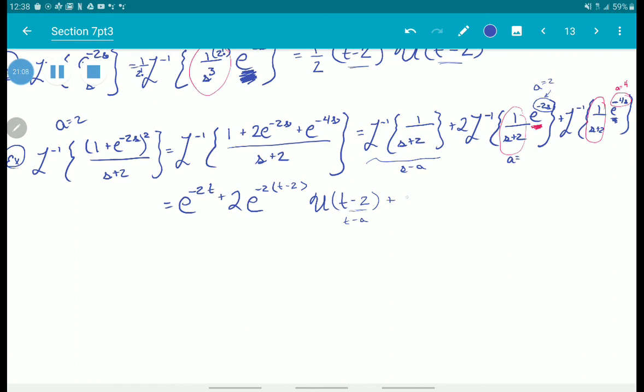So we have e to the negative 2t again, times the unit step. In this case, it's t minus 4. So we have to replace with a t minus 4 here. These two have to match. So there's our final answer for that one.